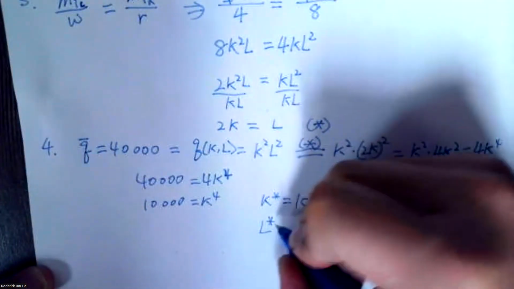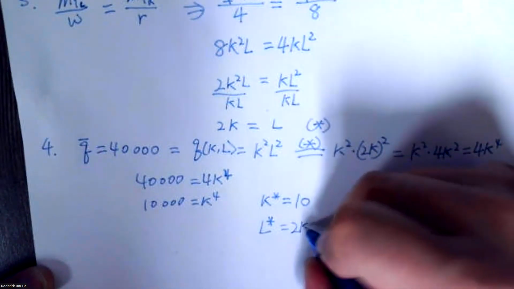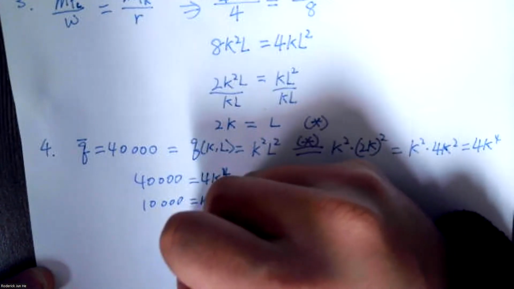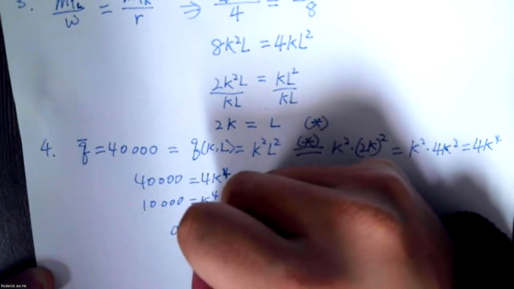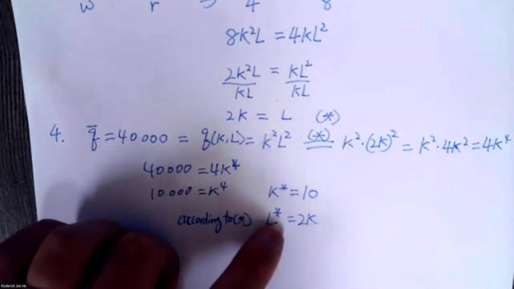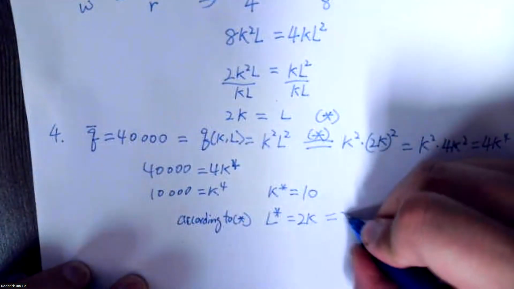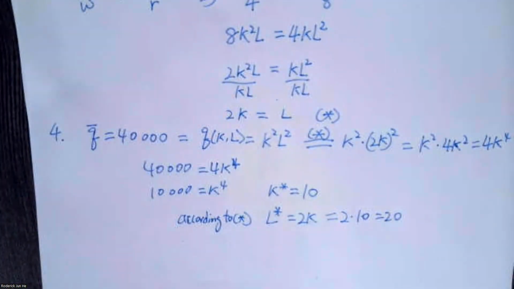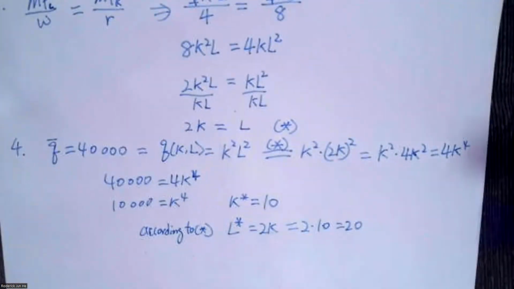Then the optimal L equals 2K according to the star condition, L equals 2K, which is 2 times 10, which is 20. So here we have the result. Thank you.